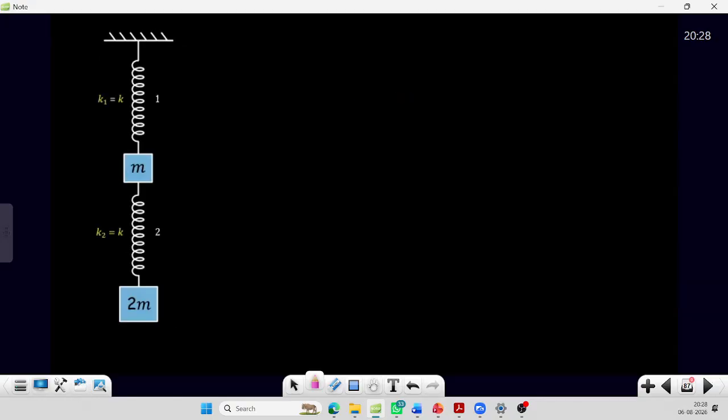Now look here, we have two springs connected like this. What type of connection is this in this case? See, one below the other, so two separate blocks.